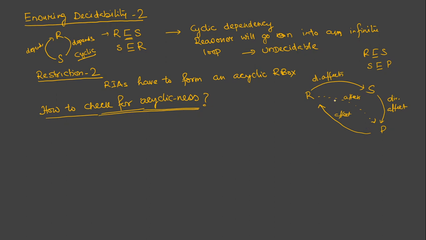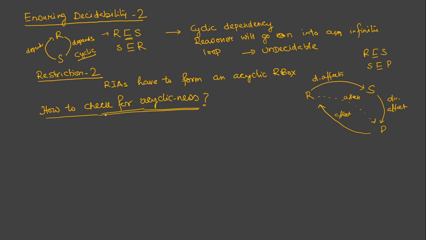And if we see that R through a path affects itself, then we have a cycle, right? So that's why we need to ensure that we do not have such a path that will start from one relation and again end up in that relation. So we need to check whether you have a situation like this, right?